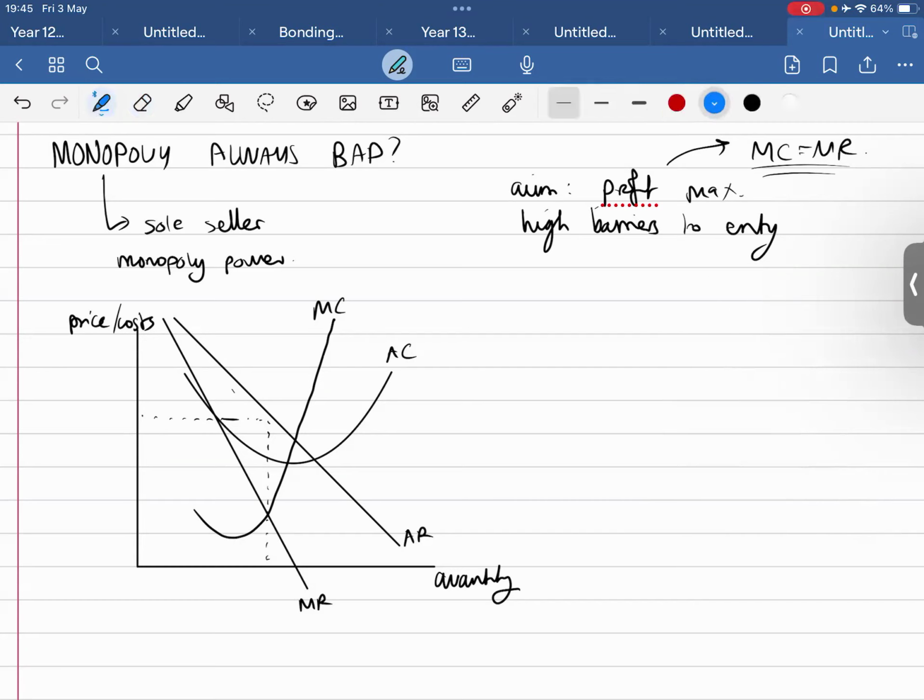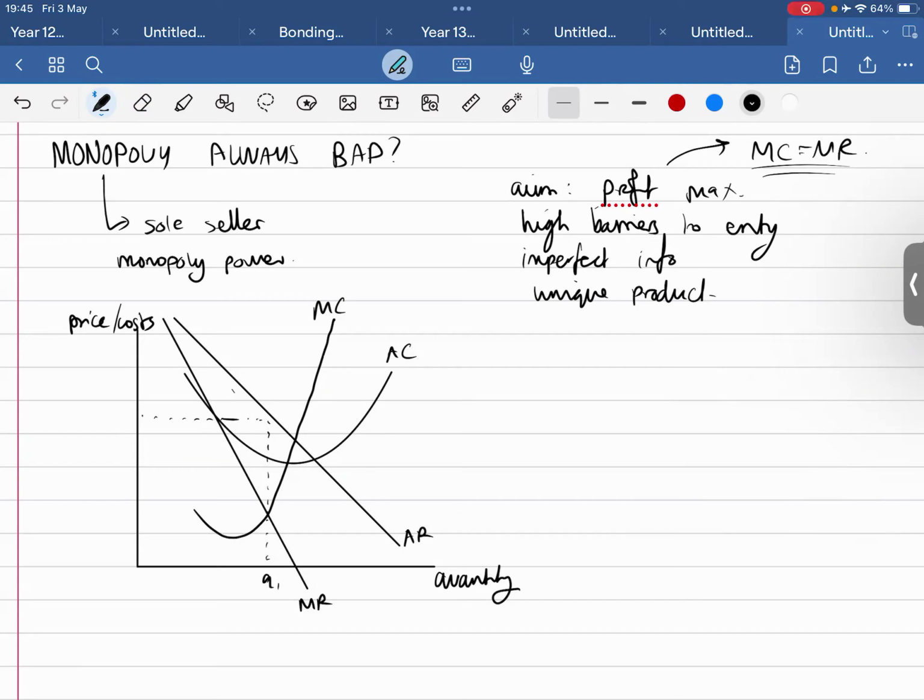We can also mention the fact that there is imperfect information and they are selling a unique product or something with product differentiation. Explain that profit maximization occurs at the point where MC equals MR, and therefore monopolies choose to operate at that point. The key word being choose.